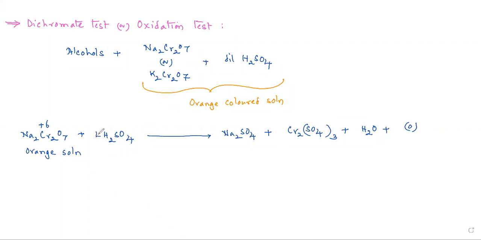Let us balance this: 4, 4. These are nascent oxygen. Nascent means just born or just produced.